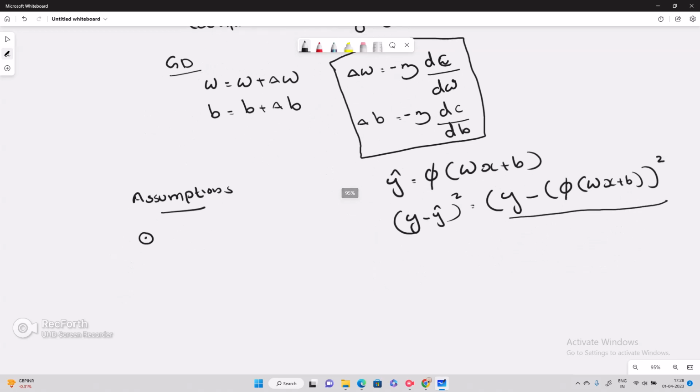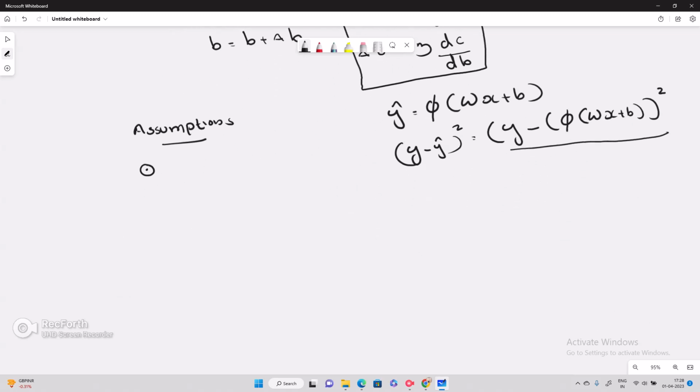Based on this formula, we can take some assumptions. One is we can make the bias 0 to make the calculations easy. Then consider y. We know that y is a constant, so we can make it a constant k, and consider it as 1.